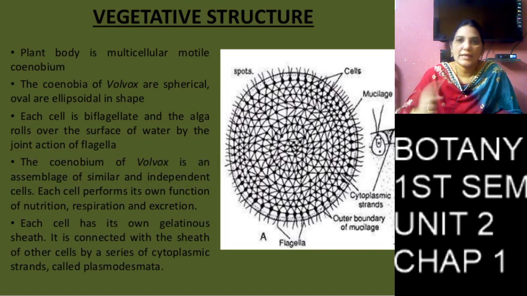On the upper side it has two flagella, the middle part is the cytoplasm, and it has one cell wall.